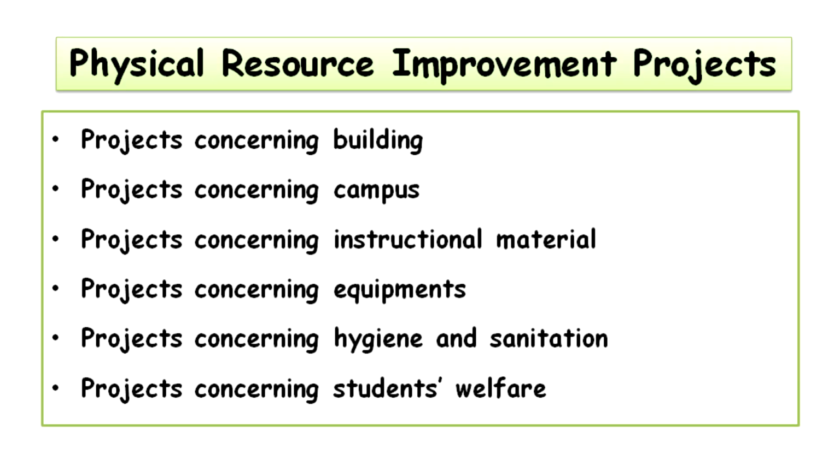So here different types of projects are displayed, such as the projects concerning building, projects concerning campus, projects concerning instructional material, projects concerning equipments, projects concerning hygiene and sanitation, projects concerning students' welfare. When we think of projects concerning building, we know that that is a long-term project.